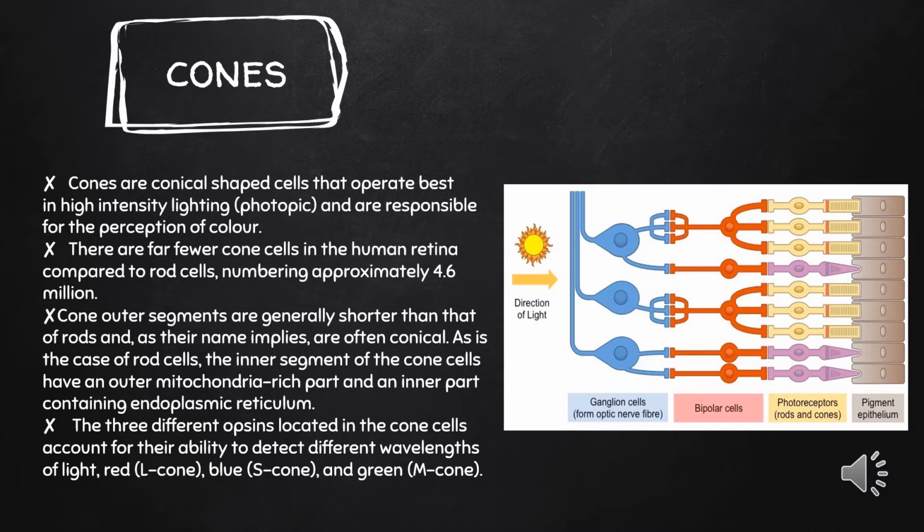There are 3 different opsins located in the cone cell that account for their ability to detect different wavelengths of light: red, blue, and green.